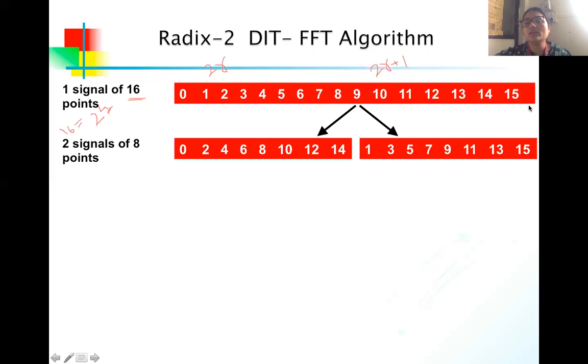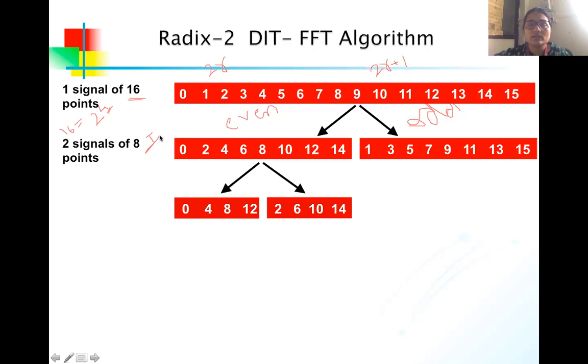So these are the two divisions, where the first division consists of the even sequence and the second division consists of the odd sequence. It is a collection of all odd values, and this is the collection of all even values. This is the first stage; you can denote the division at the first stage.